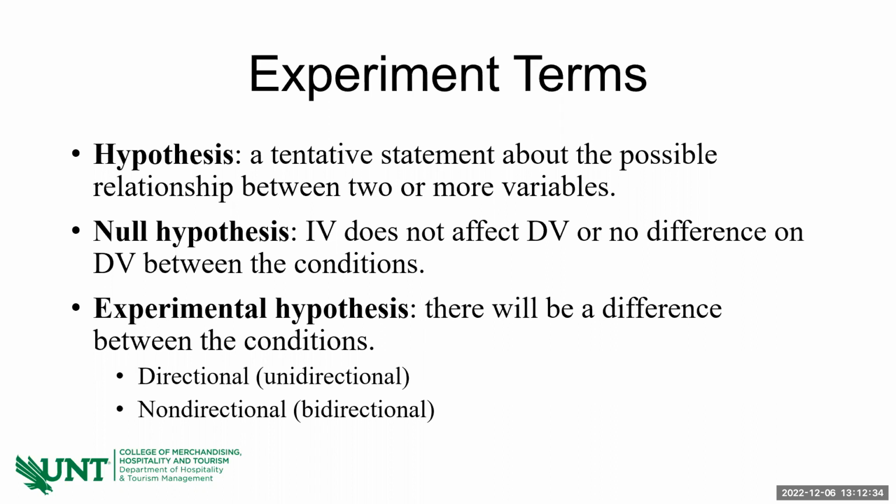So you would say there is a difference in people's visit intention depending on whether they watch a virtual reality ad or a traditional ad. But for the directional, which is usually preferred nowadays by reviewers, you would say people who watch a virtual reality ad would have a higher visit intention than people who watch a traditional ad.